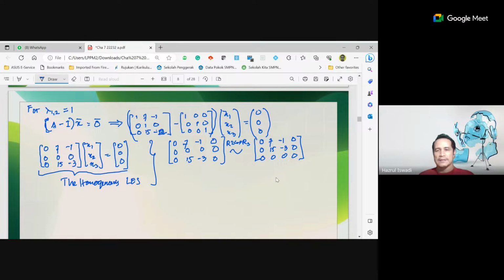In this case we can use this operation, row 2 subtract 2 times row 1, because 15 minus 14 will be 1. 15 minus 2 times 7 will be 1.